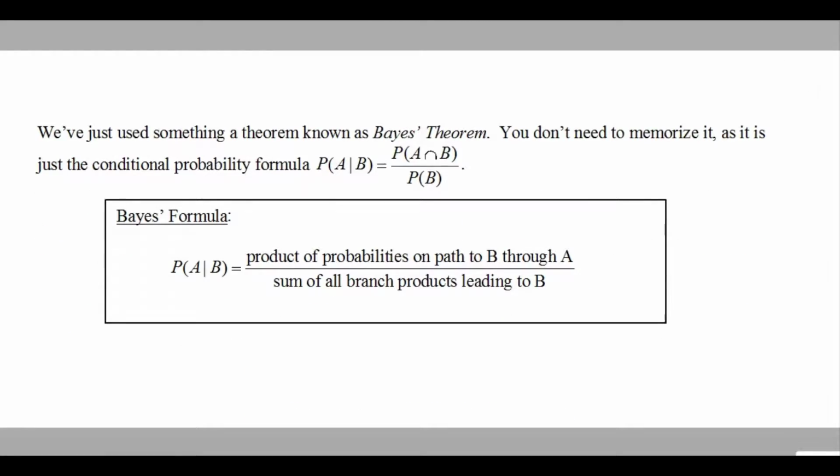So what we really just used was something known as Bayes' theorem or Bayes' formula. You don't need to memorize it because it is just the conditional probability formula that we already know. It is nothing more. Probability of A given B is equal to the probability of the intersection divided by the probability of the given.